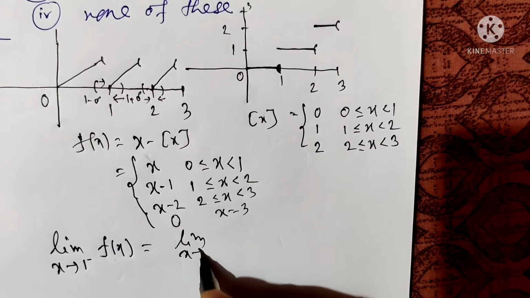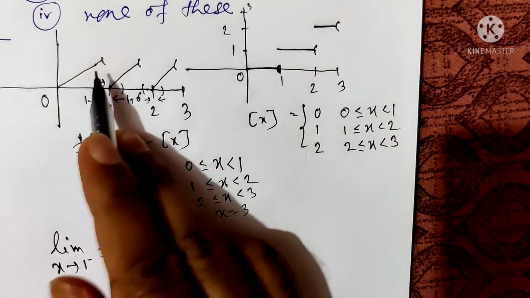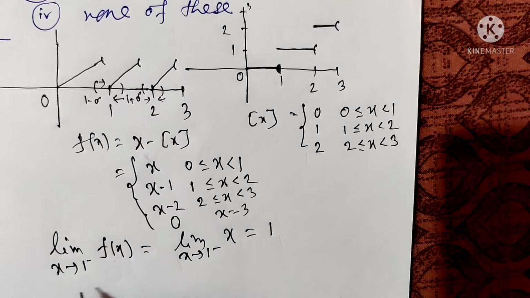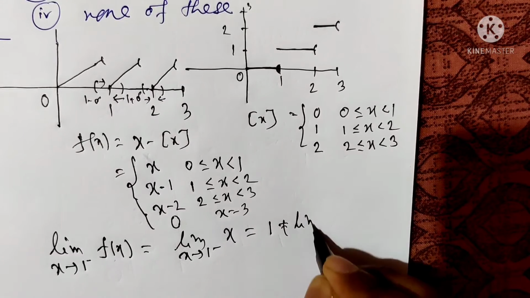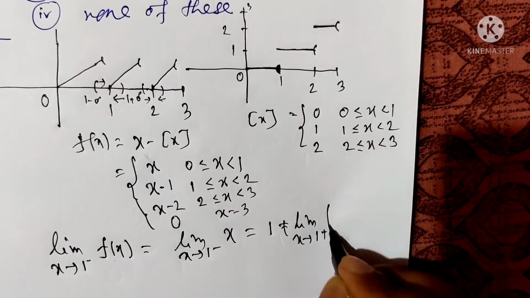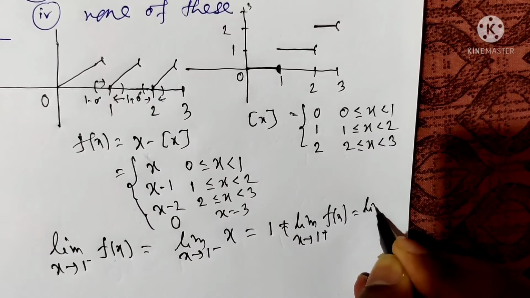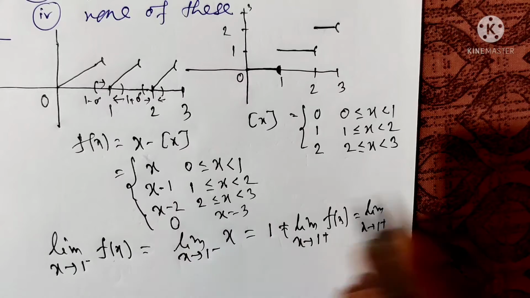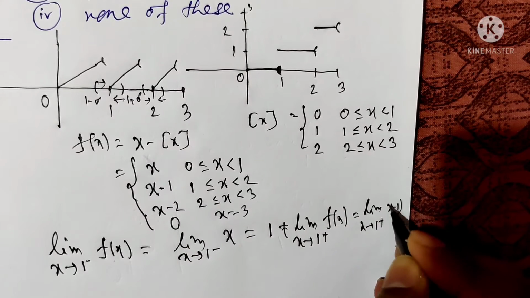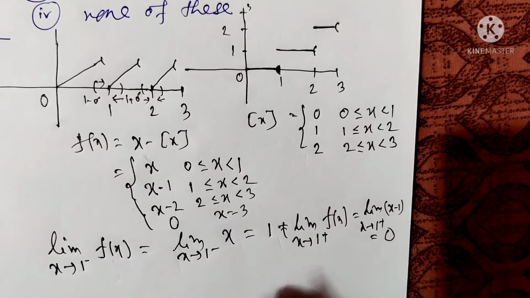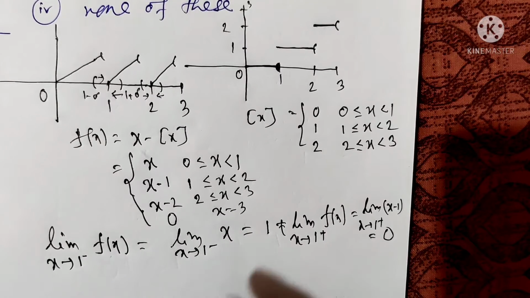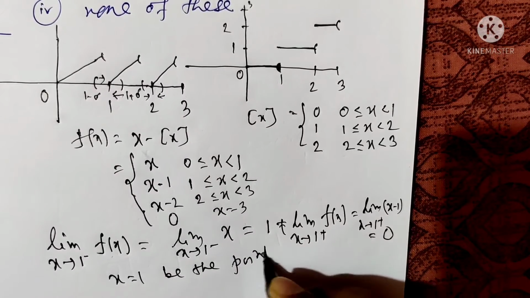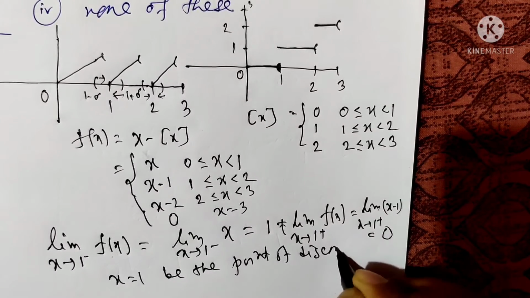So limit x tends to 1 minus f(x) is x, so that equals 1, not equal to limit x tends to 1 plus f(x), that equals limit x tends to 1 plus of x minus 1, that equals 0. So x equals 1 is a point of discontinuity.